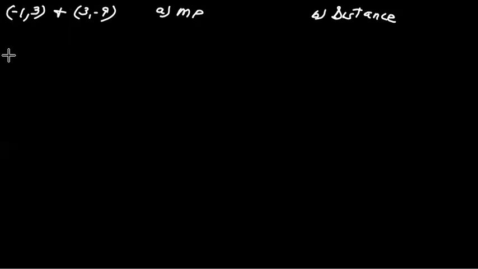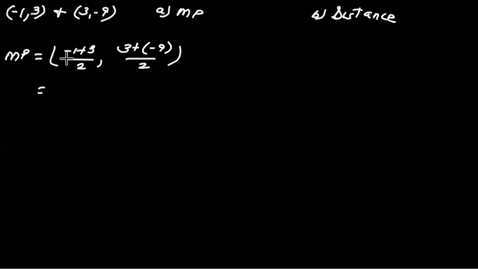All right, so the midpoint is going to be equal to x1 plus x2. So that's -1 plus 3 divided by 2, comma, y1 plus y2. So this is 3 plus a -9 divided by 2.